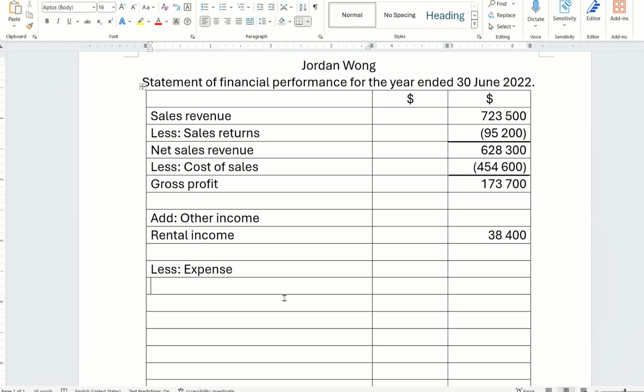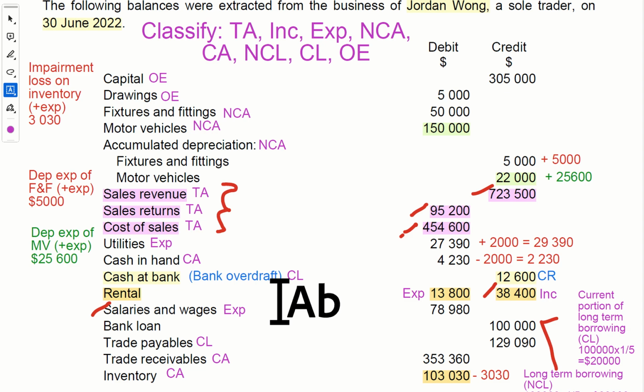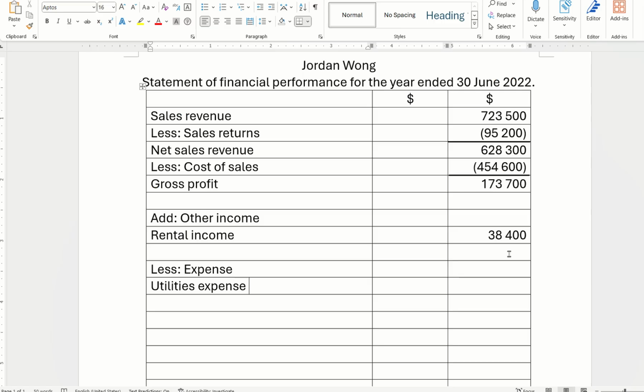So I'm going to write that down. Utilities expense. Now, there is a working for utilities expense, right? 27,390 plus 2,000. So I need to show the working. 27,390 plus 2,000. And since there is more than one expense, I'm going to put it in the first column, 29,390.